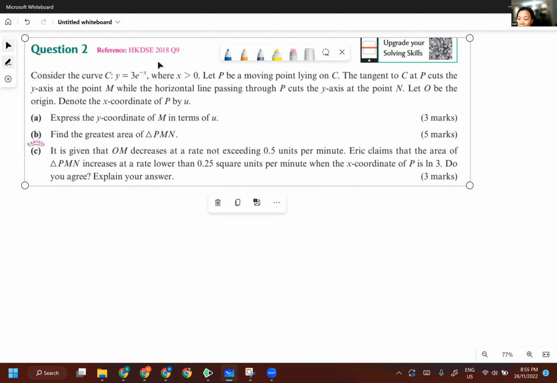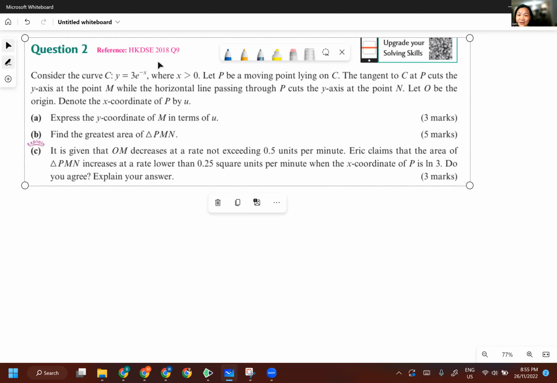Okay. Now let P be a moving point lying on C, the curve. The tangent to C cuts the y-axis at the point M, while the horizontal line passing through P cuts the y-axis at the point N. Wow.